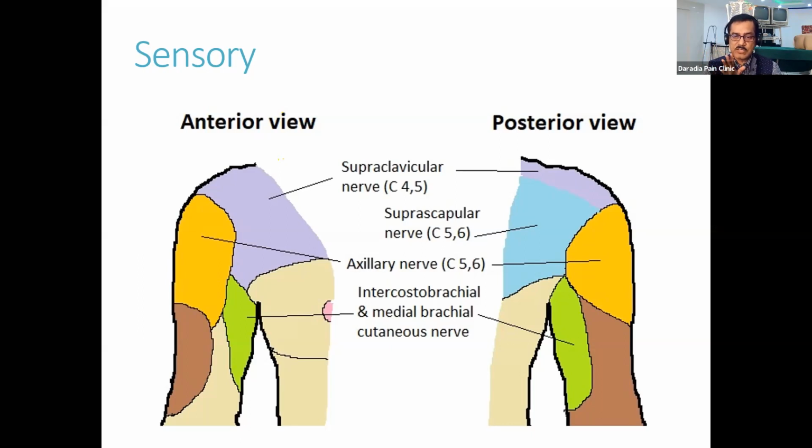This suprascapular nerve, after leaving its muscular branch to the infraspinatus muscle, innervates the posteromedial side of the glenohumeral joint, and our target is there. After all the muscular branches have left, you can easily denervate the nerve there.